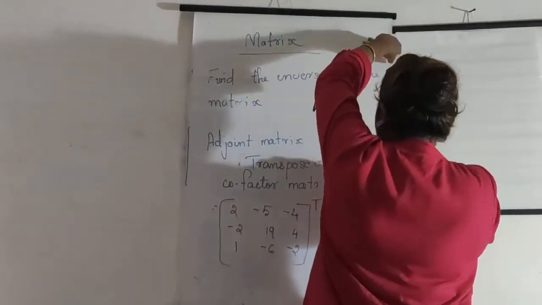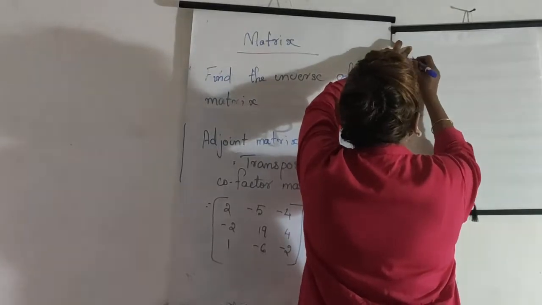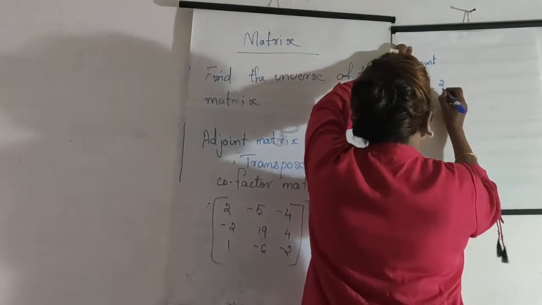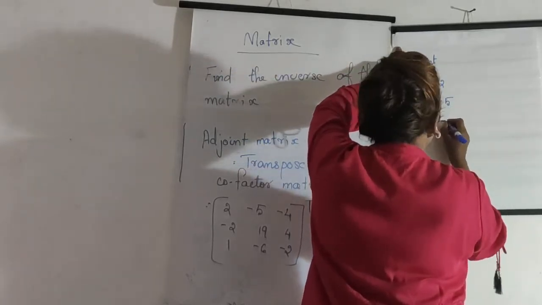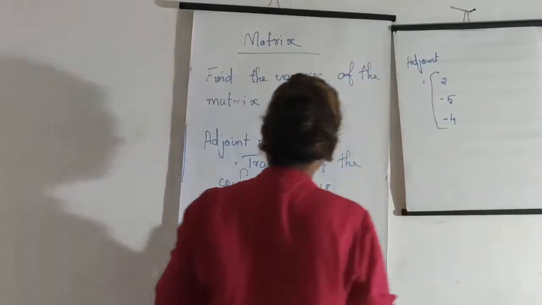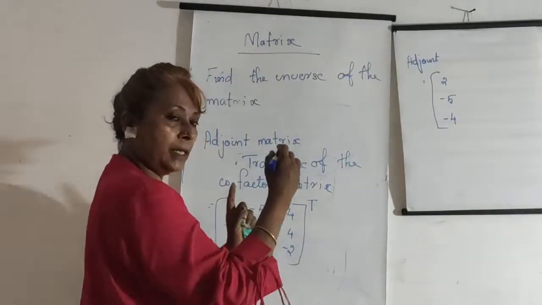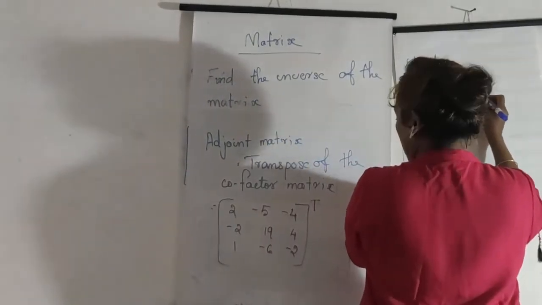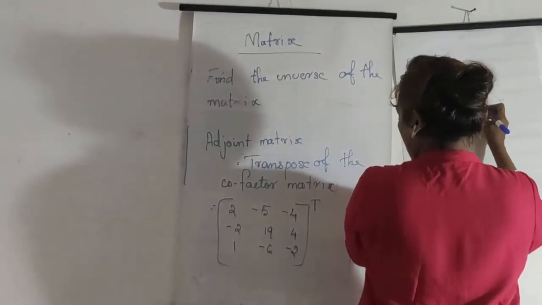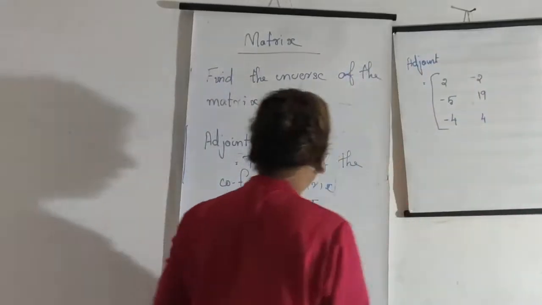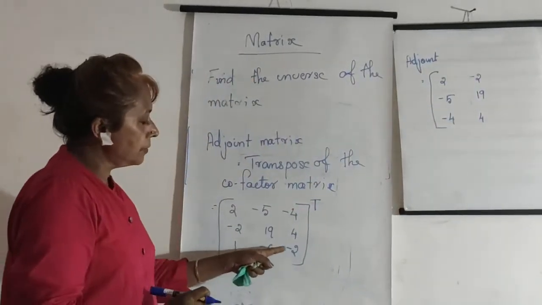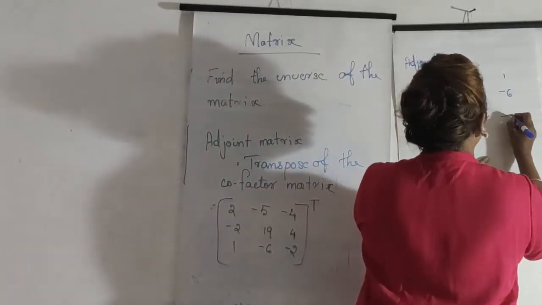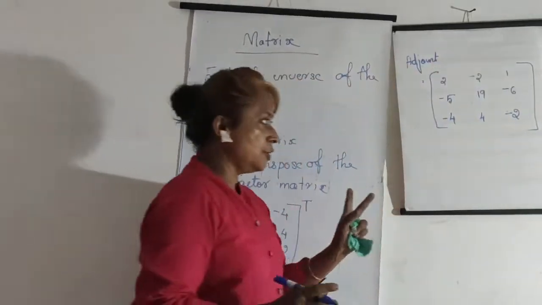So the adjoint matrix is equal to 2, negative 5 and negative 4. Similarly, the second row becomes the second column, so negative 2, 19 and 4 is the second column. And then comes 1, negative 6, negative 2. Now we got the adjoint matrix.